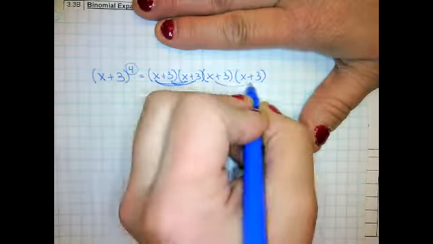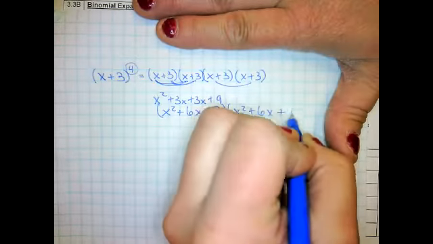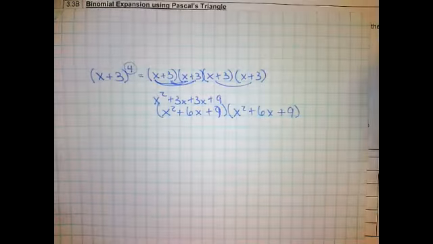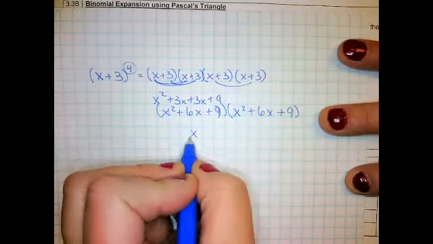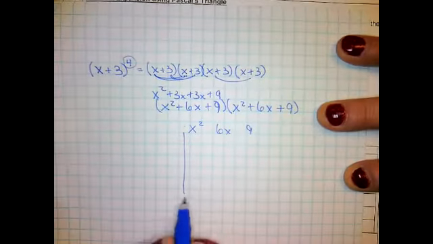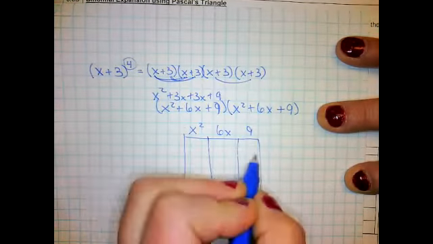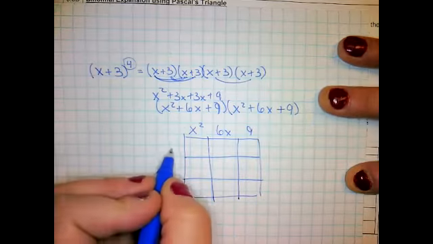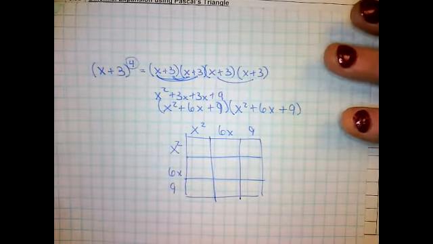Now, in this case, if I FOIL my next two, I get the same thing. Now I have to multiply these, so I can use my box method or my distribution method. Whatever method, I'm going to have to multiply these two trinomials together to get my final answer.